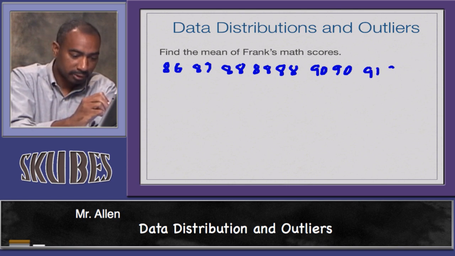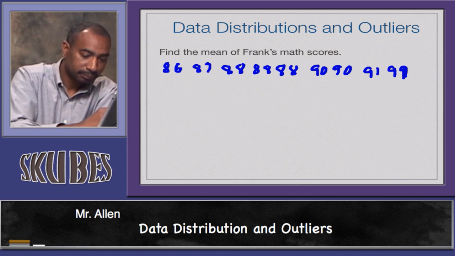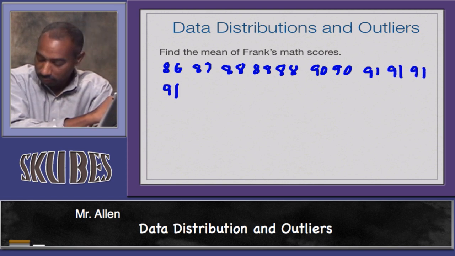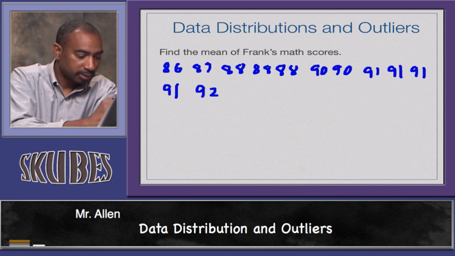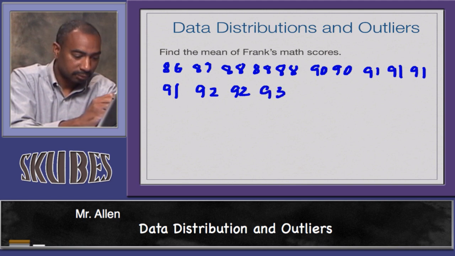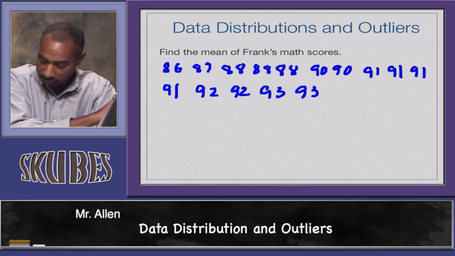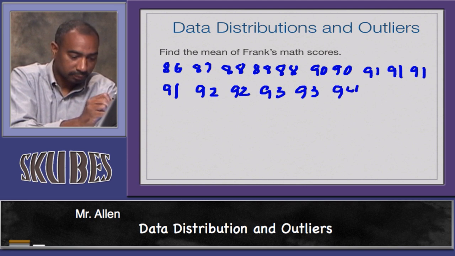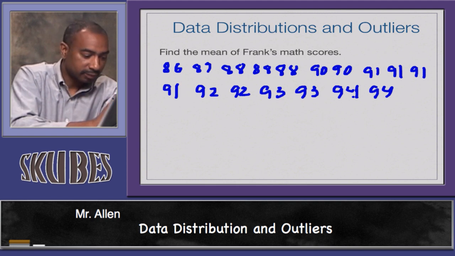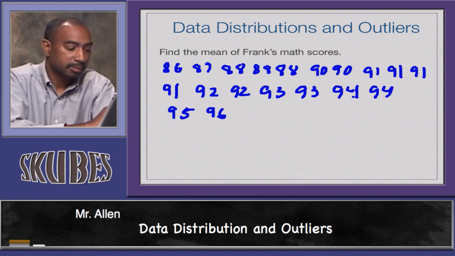That repeated 4 times. Then you had 92. Now repeat it twice. Then 93. Then you had 94. Then 95, 96. That should be 20 entries there.